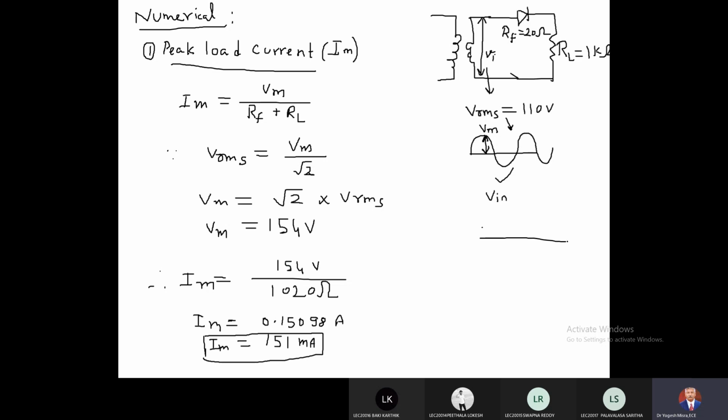Because at the output, you will get the rectified output in this way. So what is the RMS value of this load current in one cycle? That is the load current AC value. Okay, so that you can find.